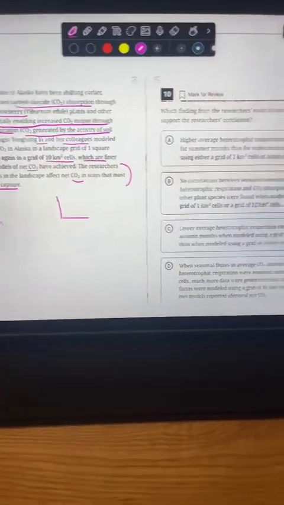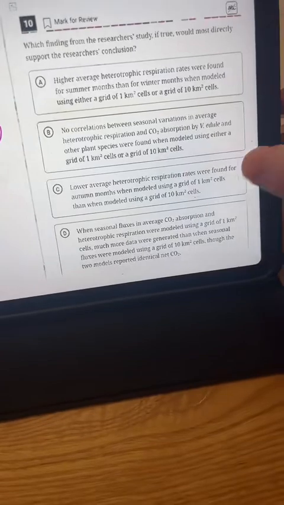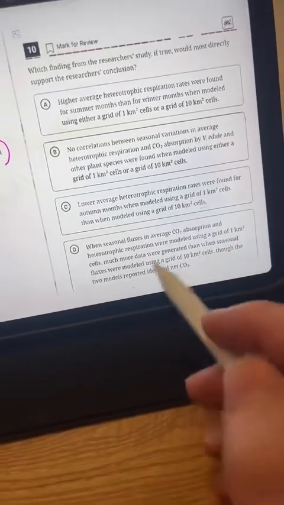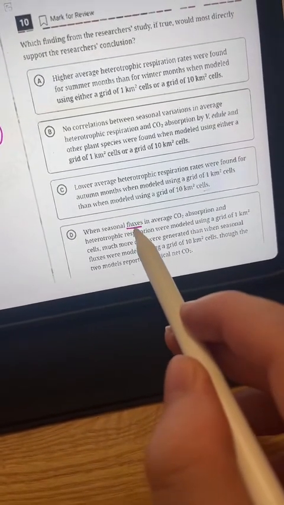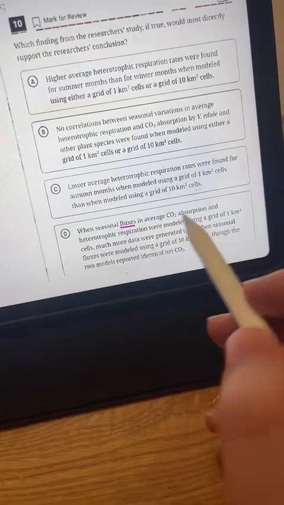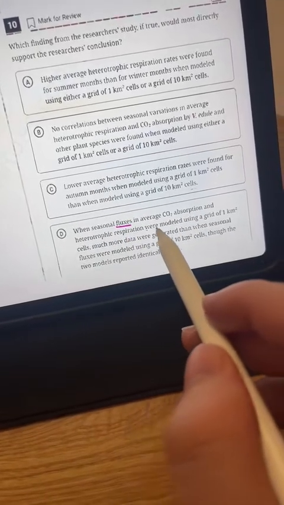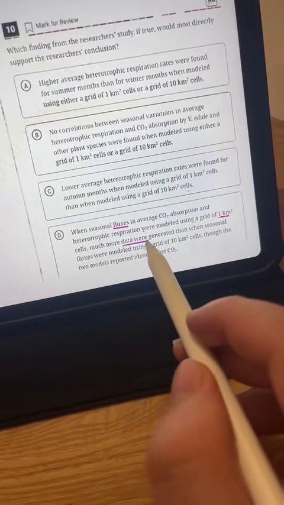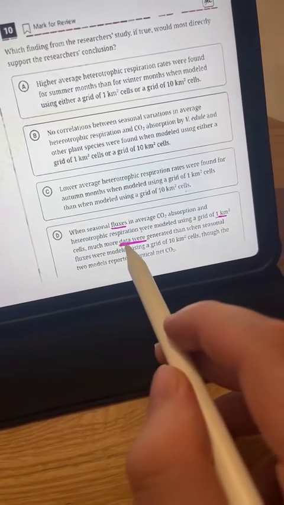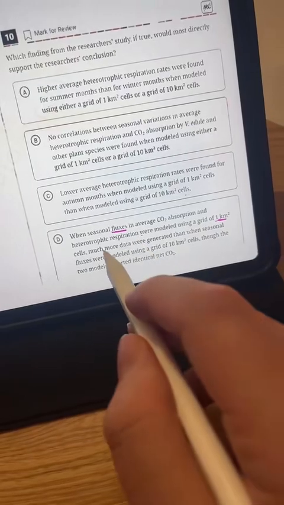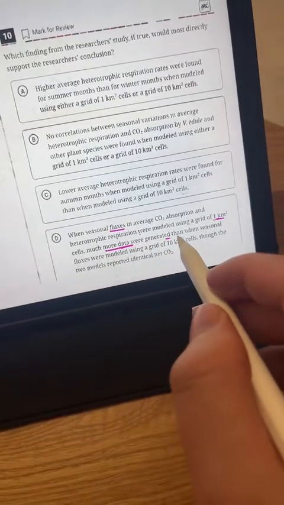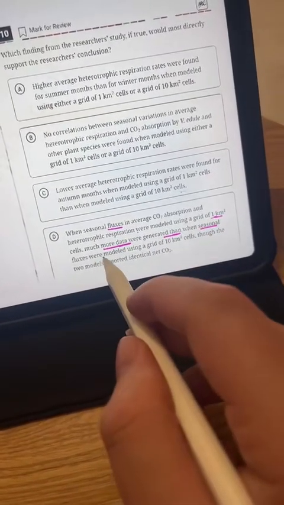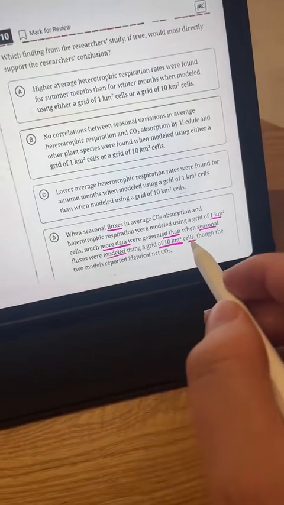Yeah, it's a variable. So let's start reading from option D. When seasonal fluxes in average CO2 absorption and heterotrophic respiration were modeled using a grid of 1 kilometer square cells, much more data, see? The amount of data gathered, I think it's then D. Much more data were generated than when seasonal fluxes were modeled using a 10 kilometer square grid cell.